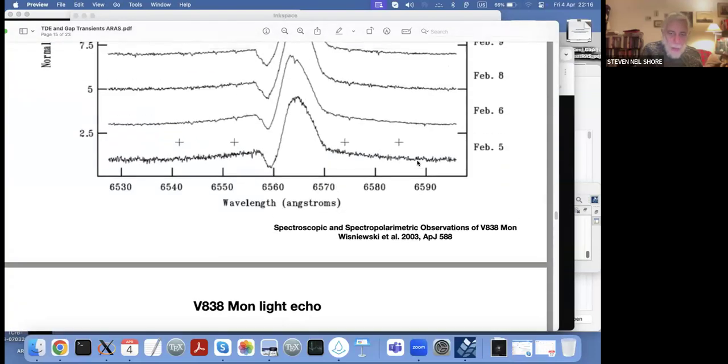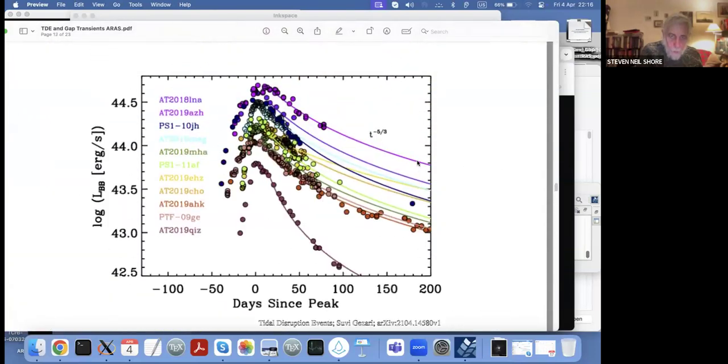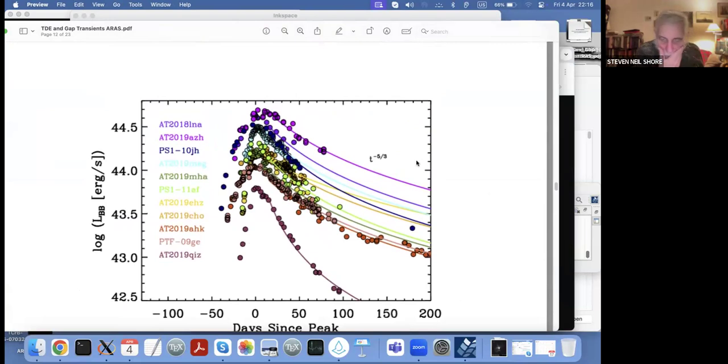Now, going backward, the other possibility, which we know from the galactic center, is that in the center of many galaxies, there's a supermassive black hole.